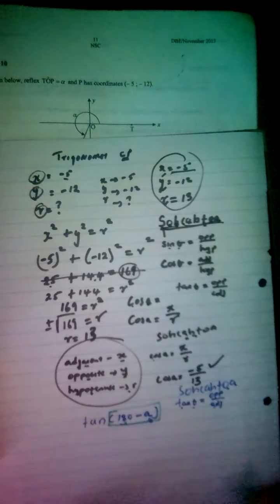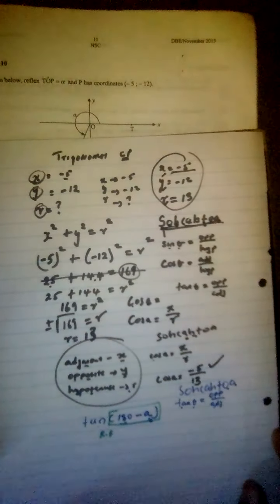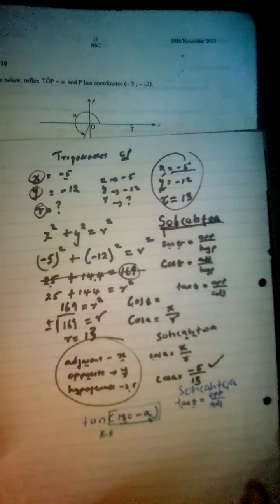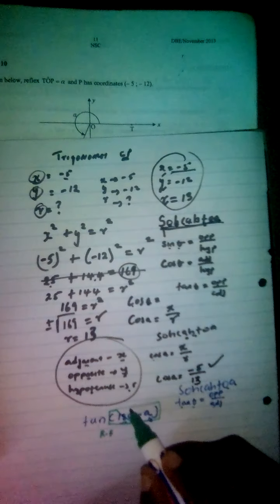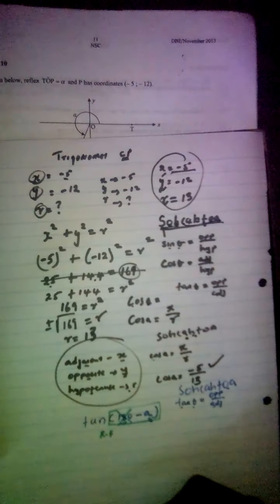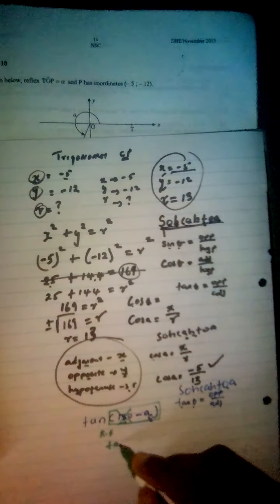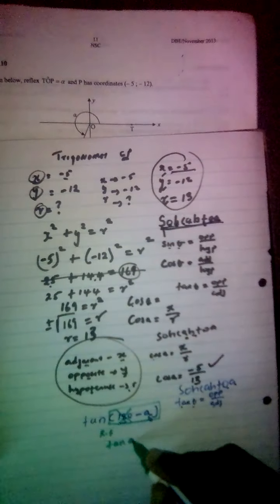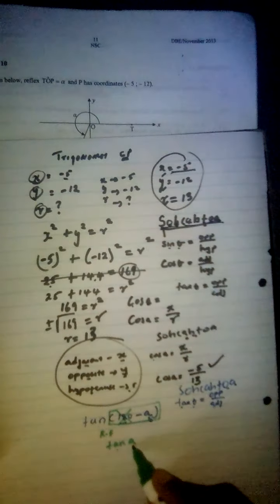So what I'm going to do is use what we call a reduction formula. The reduction formula allows you to remove this 180. You'll be left with something like alpha. So tan of 180 minus alpha is tan of alpha.